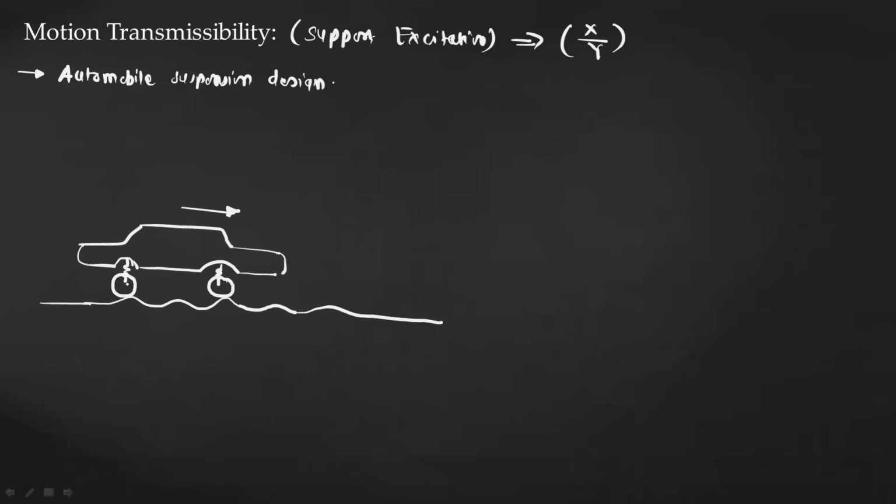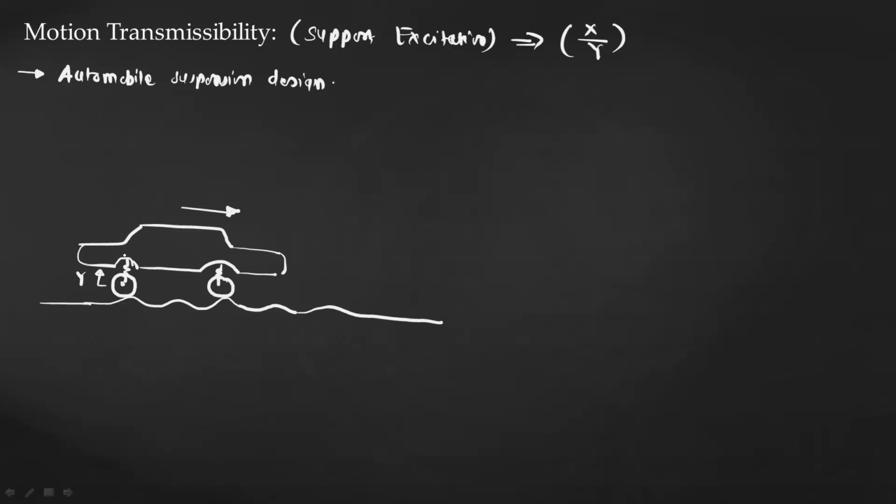Okay. So when it is moving on this speed breaker, then this wheel will receive some displacement because the wheels are directly in contact with this road surface. So the displacement which is received by this wheel is nothing but the y value.